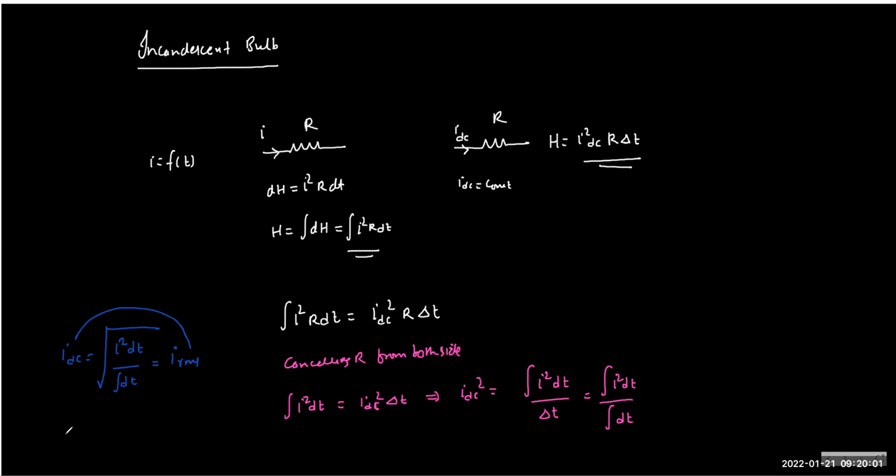So that is the default assumption in entire physics. So DC and RMS are equivalent, but RMS itself is a distinct mathematical definition, and we have seen that it behaves as good as the DC value.